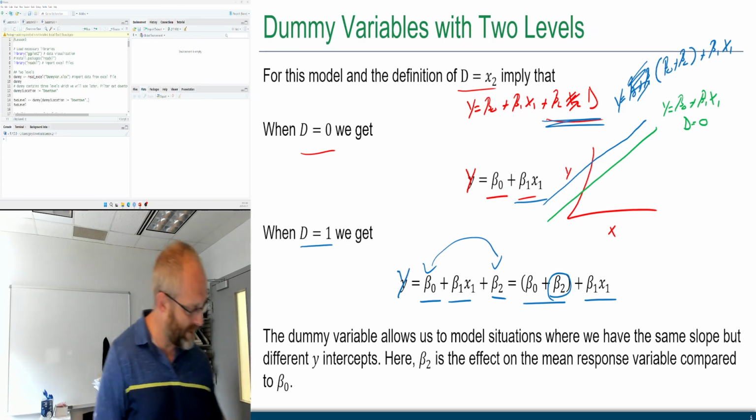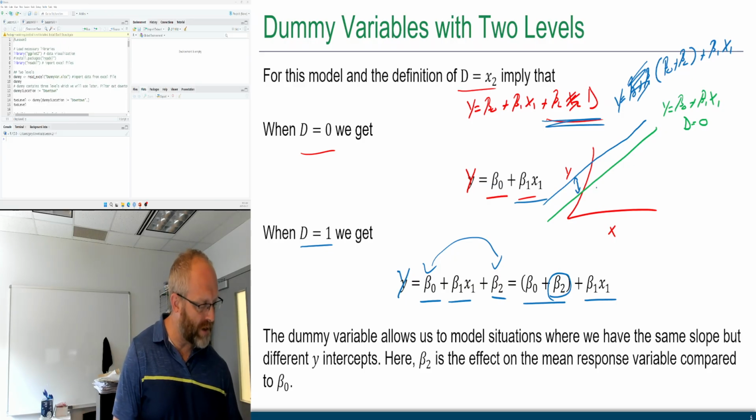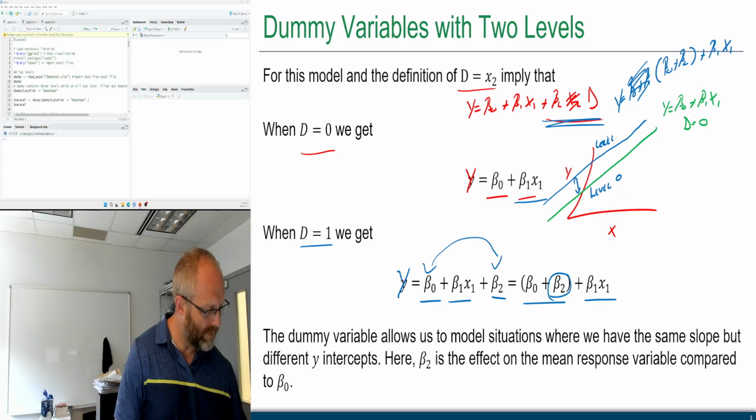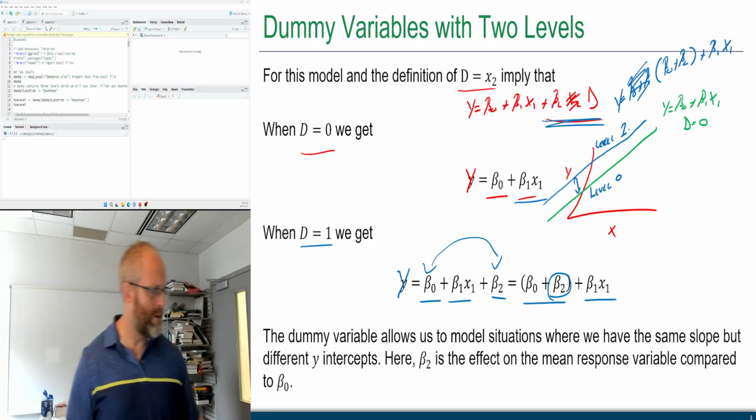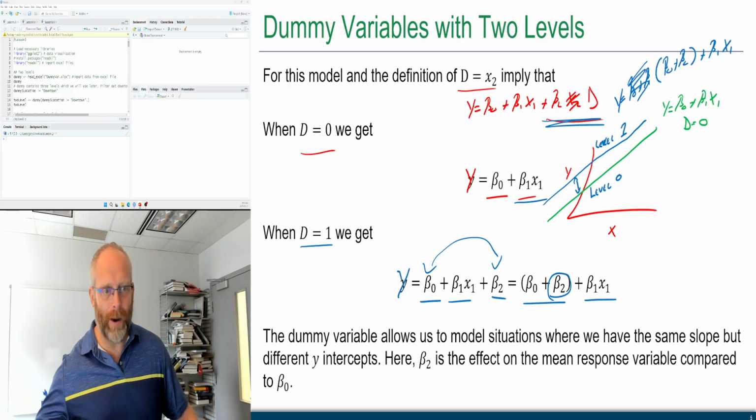So there is this gap. And if this is my starting point, so this is level 0, and this is my level 1, when we change up, y is going to increase at the same rate as x increases, but the initial starting point differs.